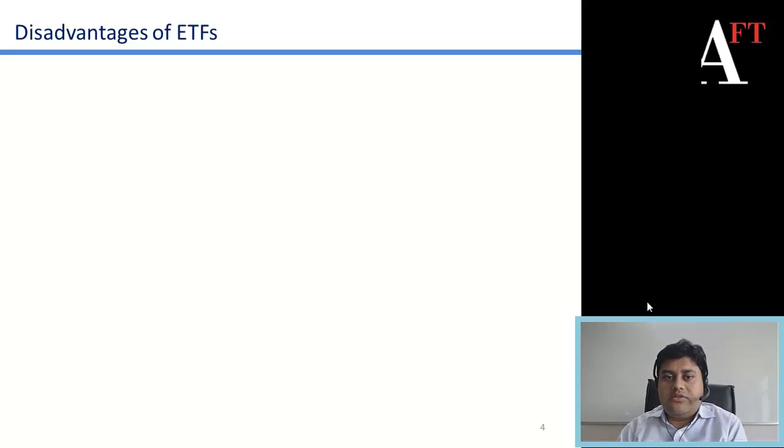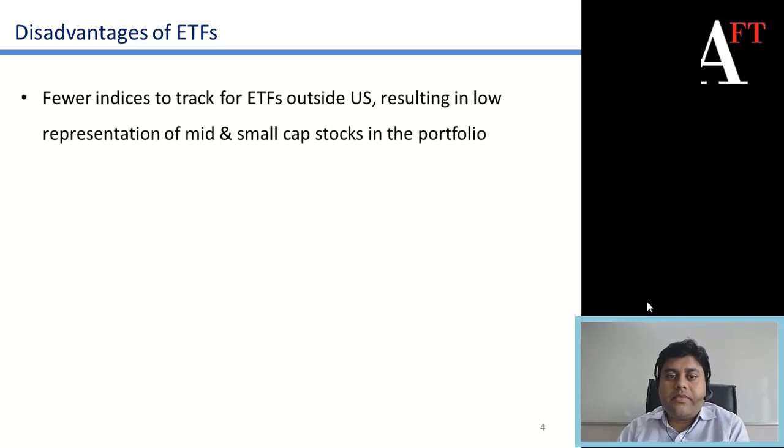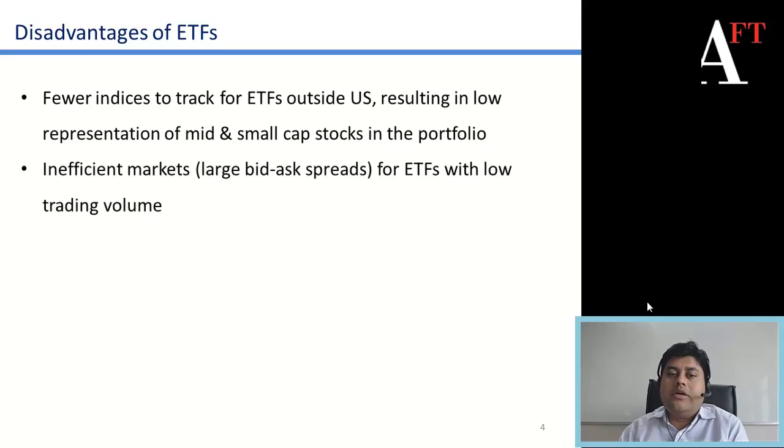Disadvantages of ETFs. There are fewer indices to track for ETFs outside the US, which would result in a biased portfolio of large cap stocks only for ETFs tracking non-US economies.